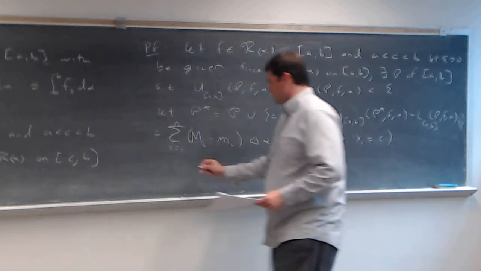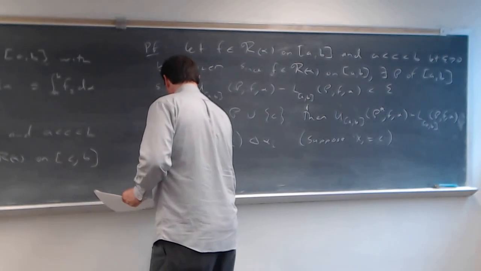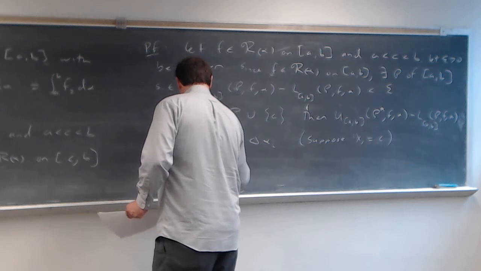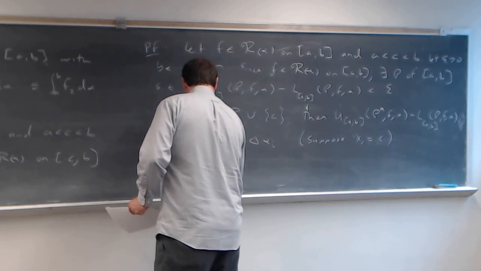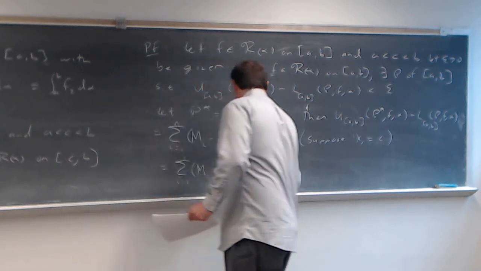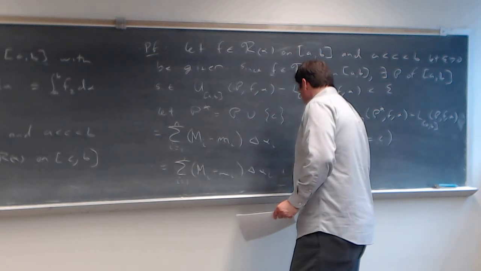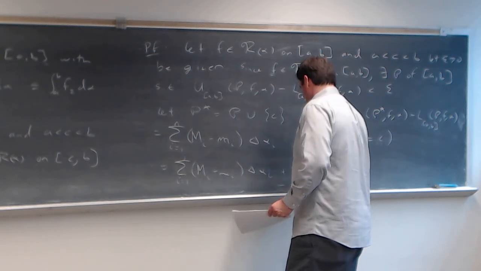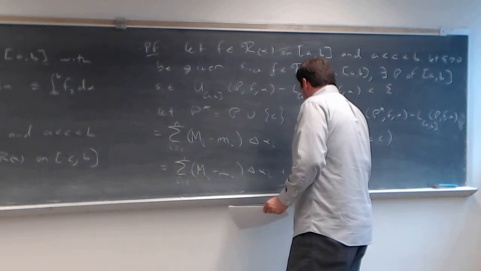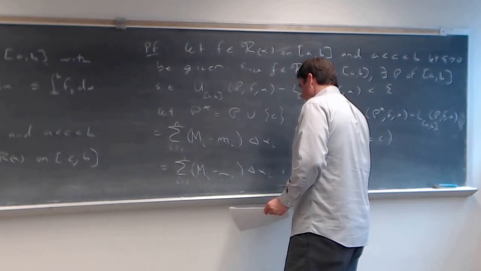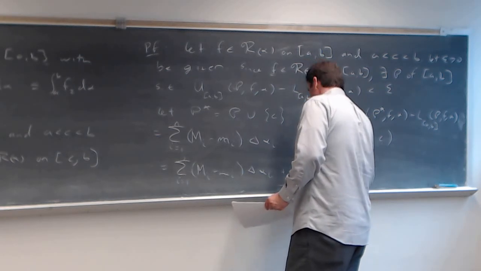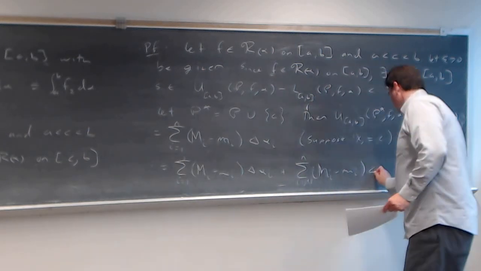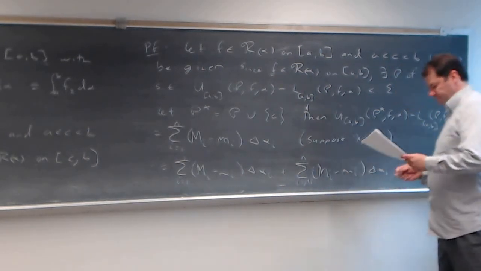So this is going to equal the sum as i runs from 1 to, let's say, j of the big M sub i minus the little m sub i times delta alpha sub i, plus the sum as i runs from j plus 1 to n of, again, this big M sub i minus the little m sub i times the delta alpha sub i.